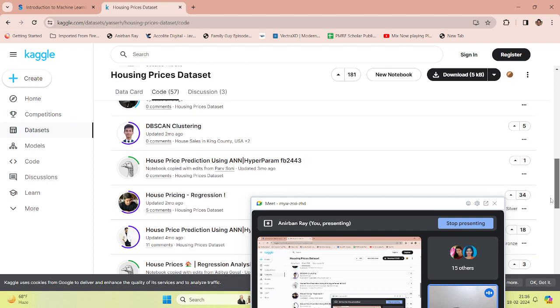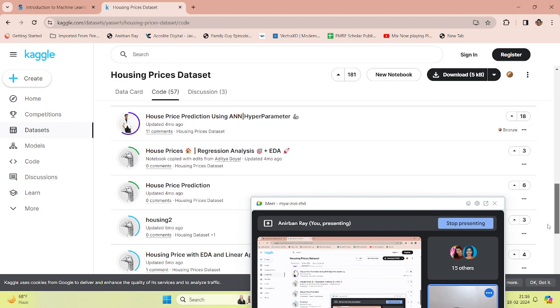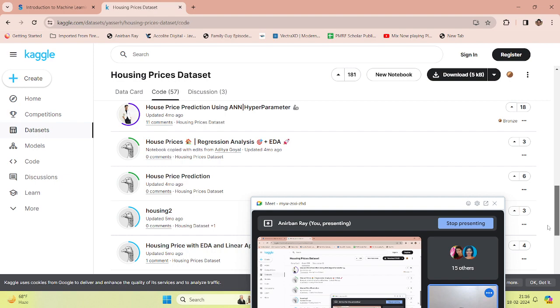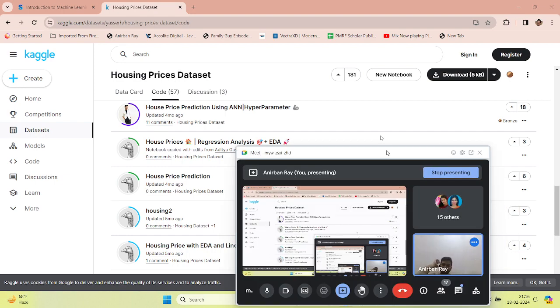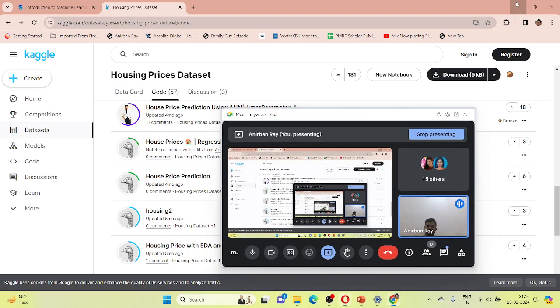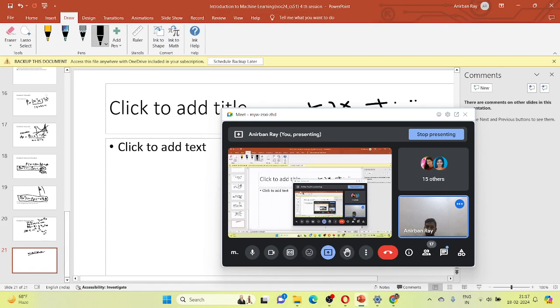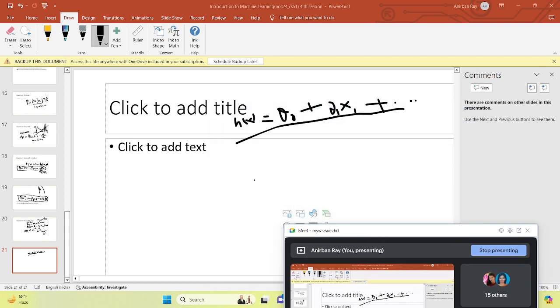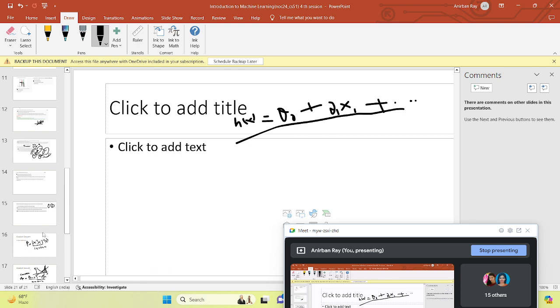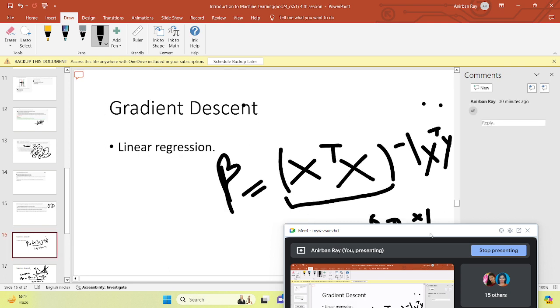There are a lot of different techniques here, but use linear regression with gradient descent, and you can solve it with the normal equation as well. If we go above here, this is the normal equation.